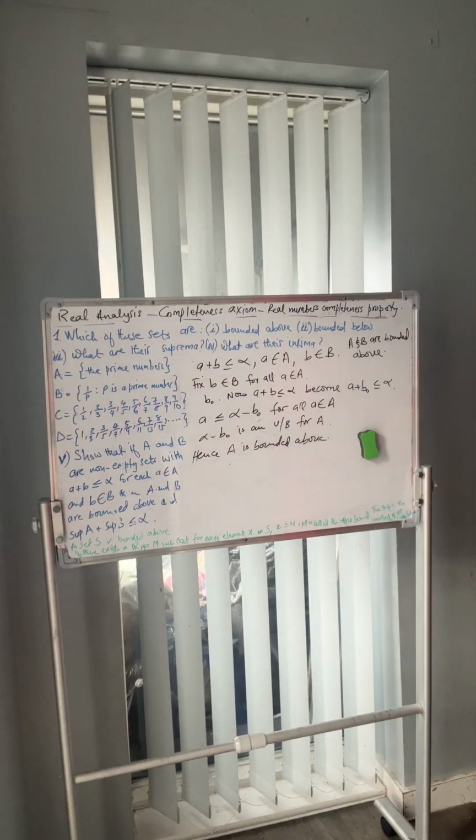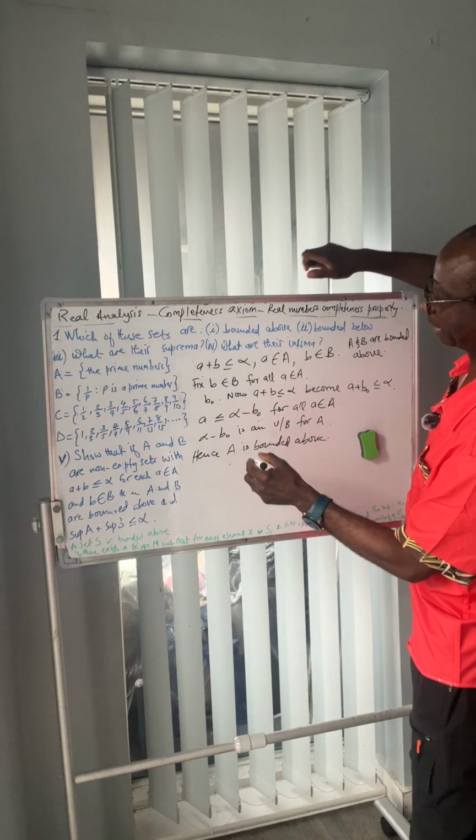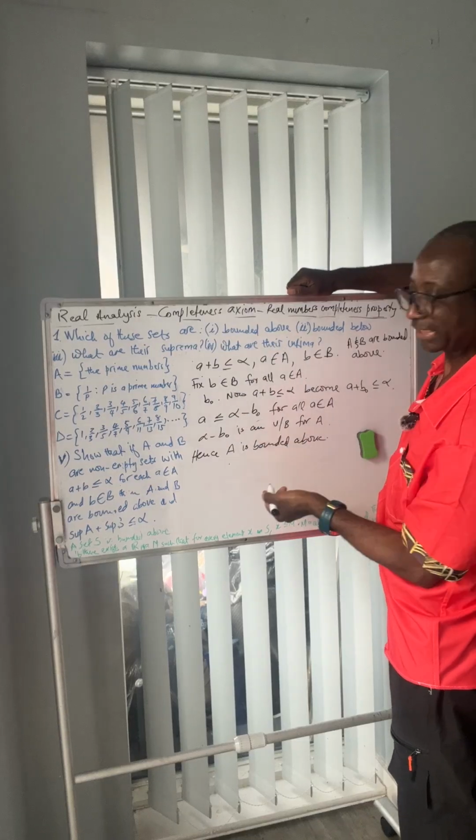A is bounded above. Now, to show that B is bounded above, we do the same thing.